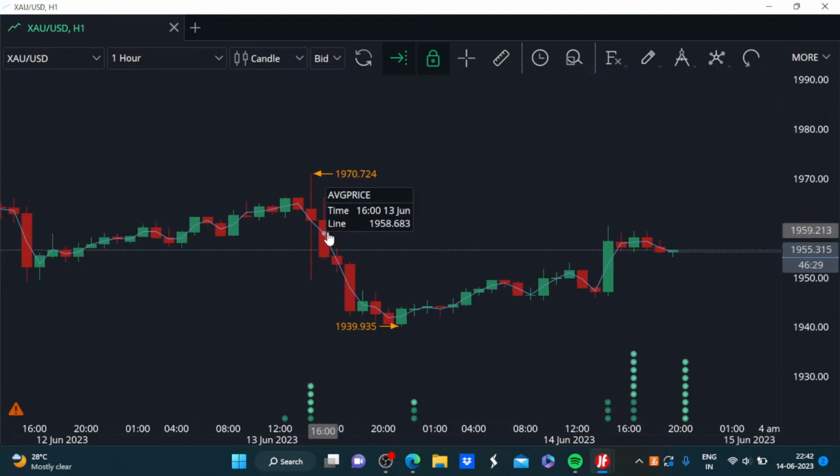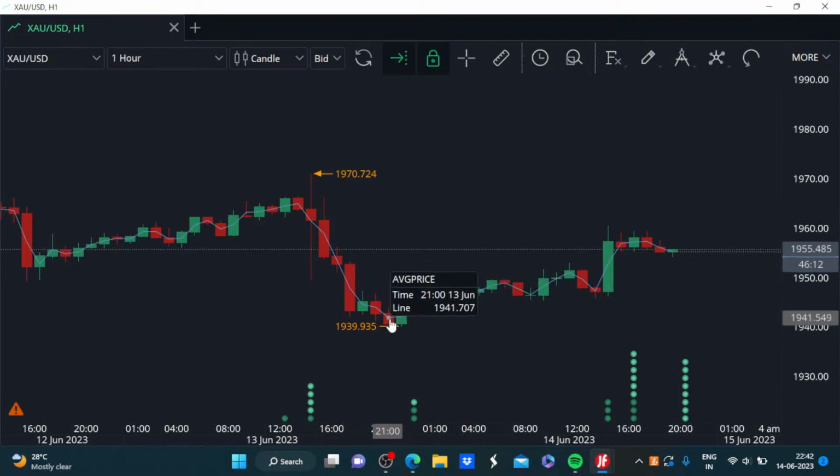So here for gold also we have seen these trend changes, and the continuous drop in gold prices yesterday. But if we look at the average price prevalent in today's session, we had this turnaround somewhere around $1950 per ounce, and from there on, there has not been any significant drop.